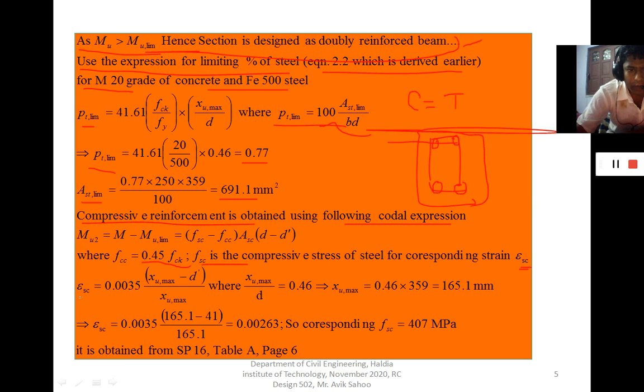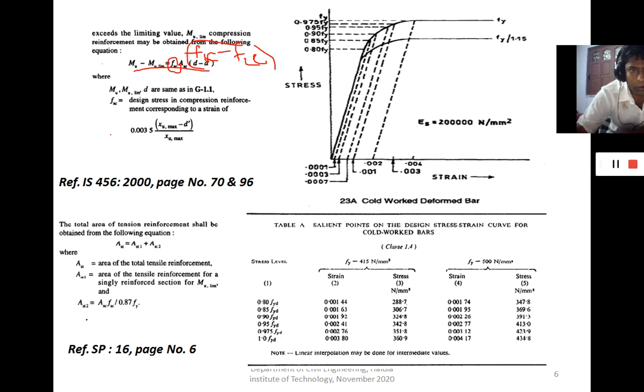Again, we have already explained how this expression comes, or directly you can use the IS 456 equation to get the strain value.